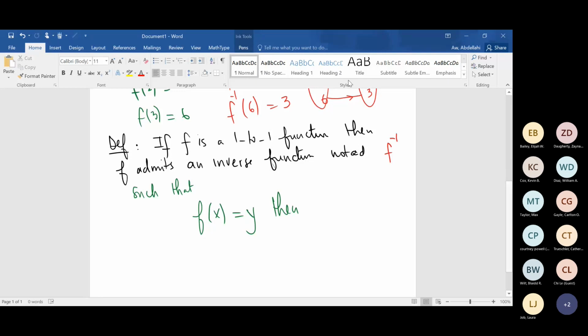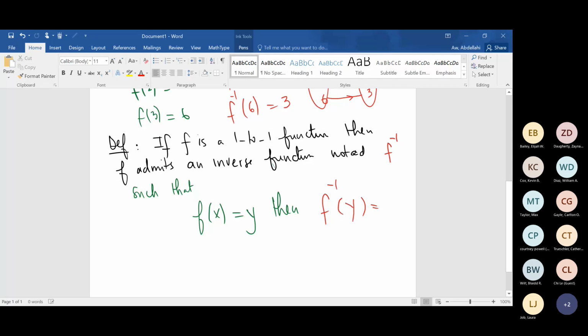Somebody, then what? F minus 1 of what equal to what? F minus 1 of y is equal to x, right? That is the relationship between f and f minus 1.